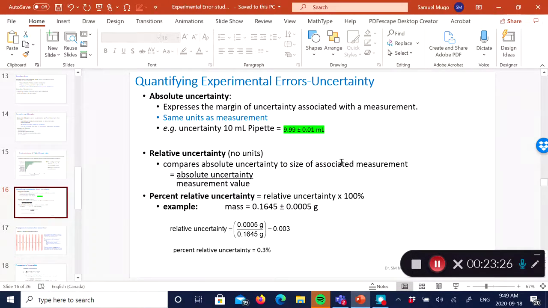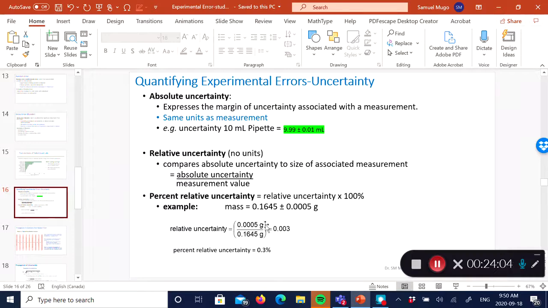Okay. Take an example given here, where you've been told that the mass weighed by an analytical balance is 0.1645, and the standard deviation, maybe the analyst analyzed it, say 3, 4, 5 times, and then he got this mean, and then after they did the absolute standard deviation, they got this number. So to do the relative uncertainty, you just do the ratio: the absolute uncertainty divided by the mean. And that is what you get as a relative uncertainty.